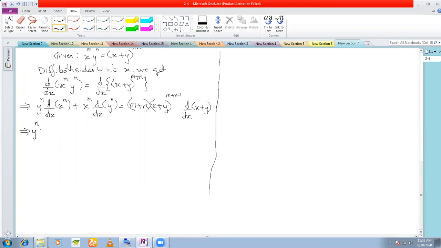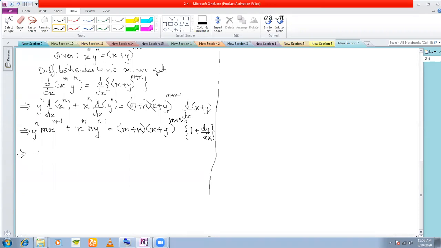Now differentiate x to the power of m, m x to the power of m minus 1, plus x to the power of m into n y to the power of n minus 1 is equal to m plus n into x plus y to the power of m plus n minus 1 into ddx of x is 1 plus dy dx. Right?